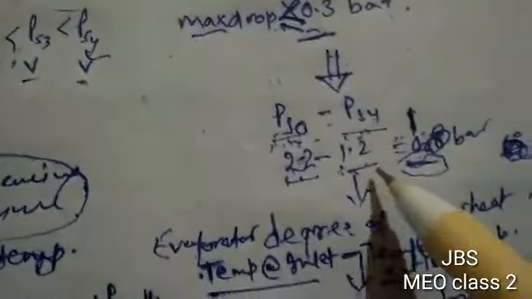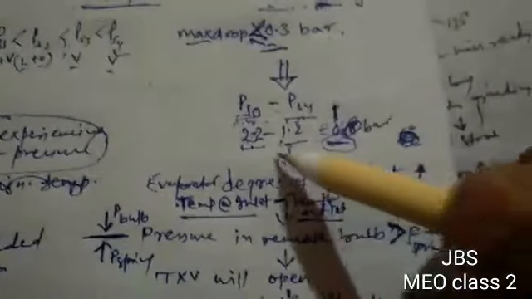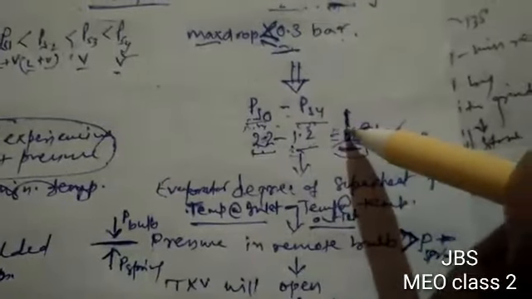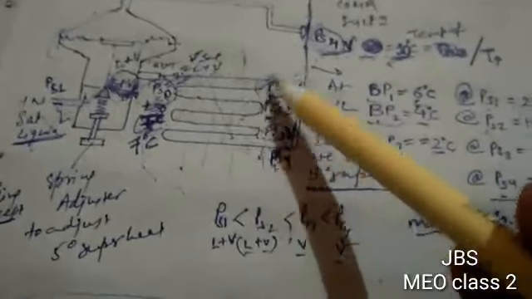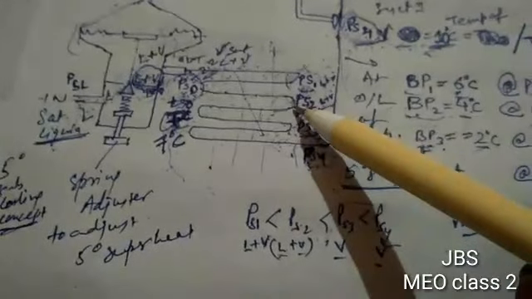It should not be more than 0.3 bar, but it is 1 bar. Why are we getting such a big pressure difference? Because if we have a larger coil, there will be a much larger pressure drop. In the drawing I have shown only 3 to 4 coils, but in practice there are more coils, so there will be more pressure drop.